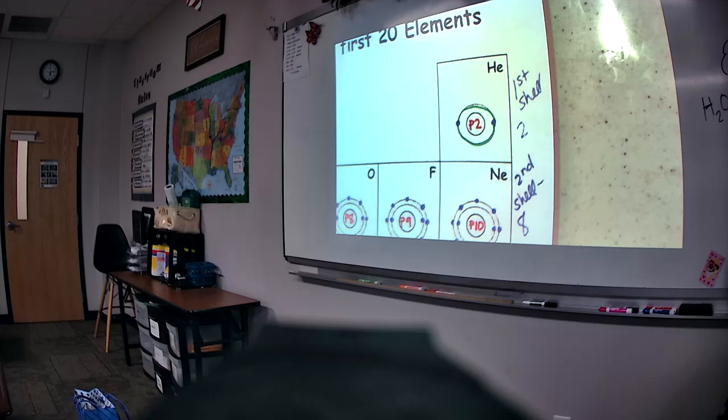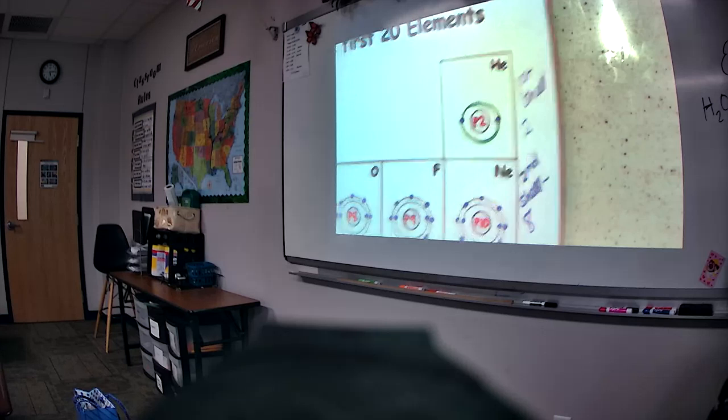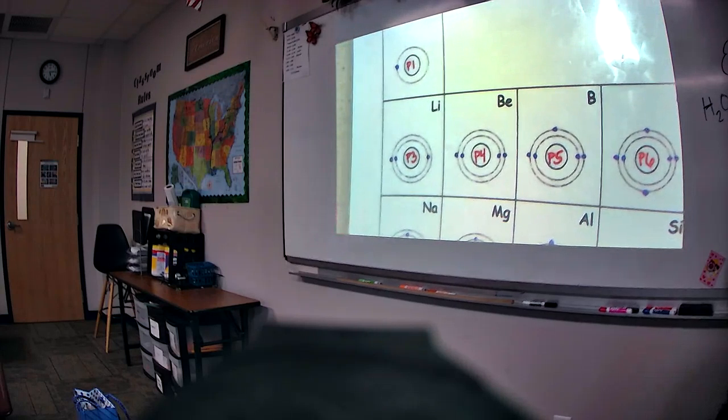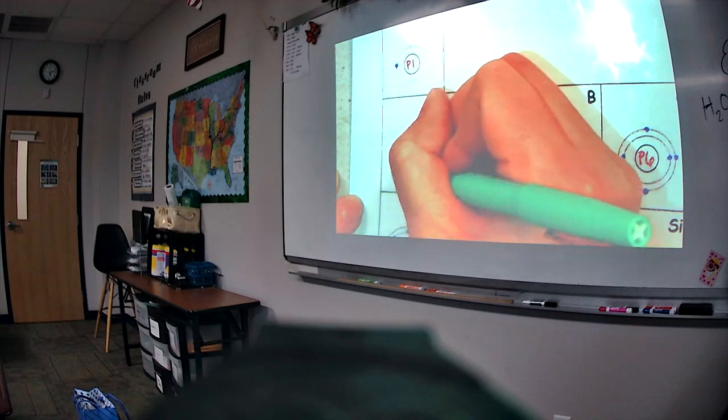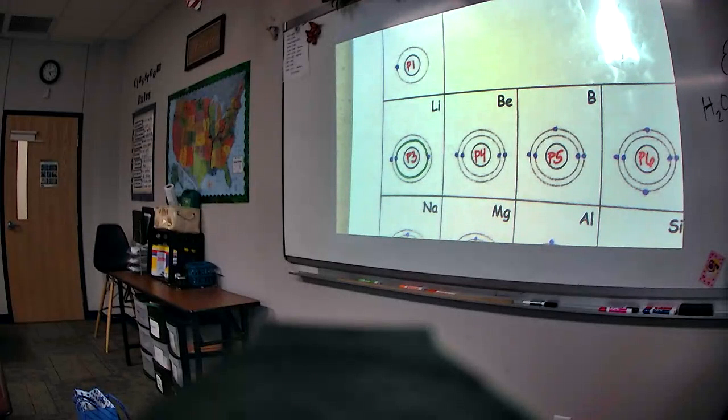Now, go to lithium. Lithium has 2 shells, correct? How many electrons are in the first shell? 2. Does that fill it up? Yes, it does. So trace the first one. I'm only using a different color to help you see the difference.